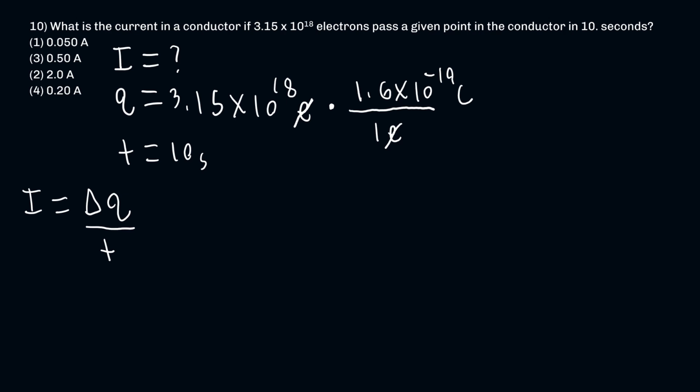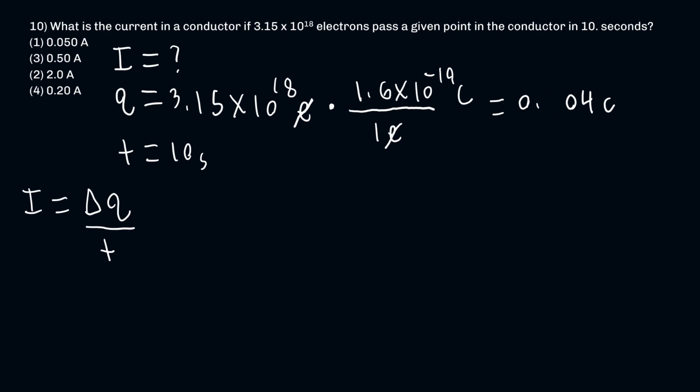Times 10 to the 18th is the E function, or the double E function, in the calculator. This is going to give me a charge of 0.504, and this is now in coulombs.